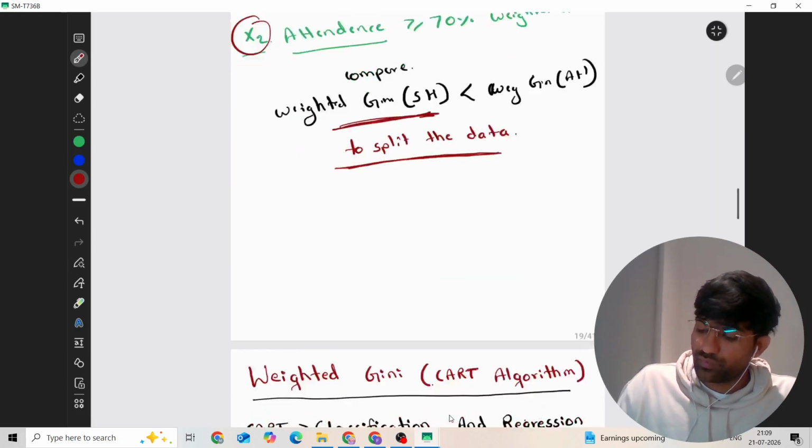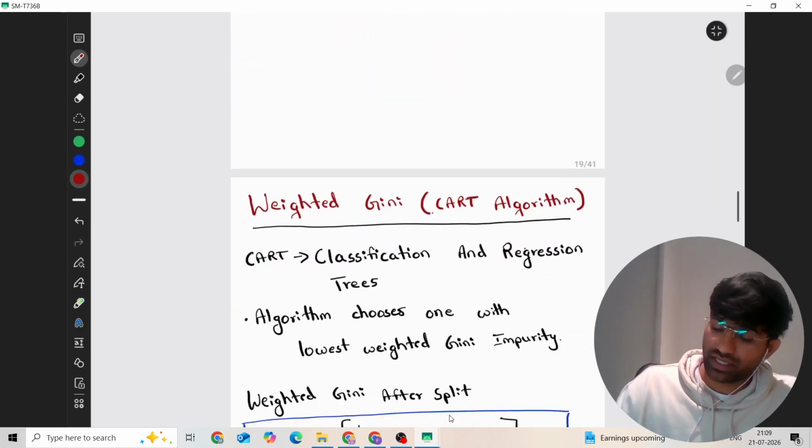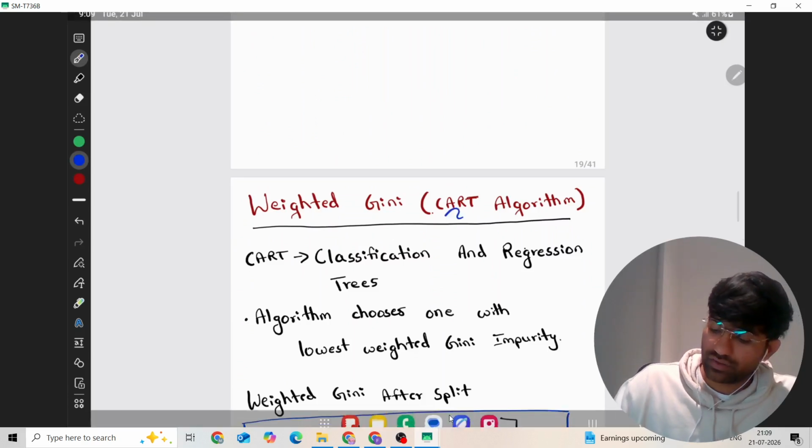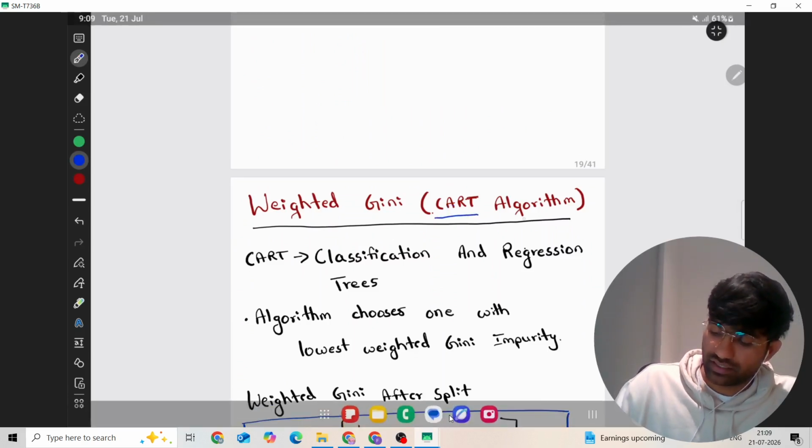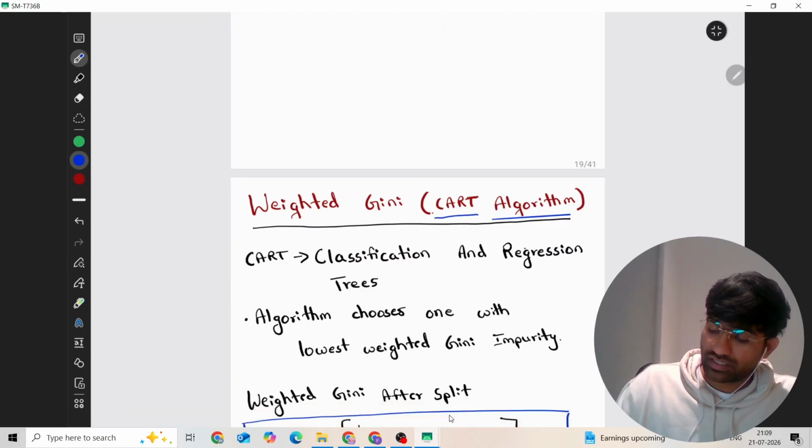So what is weighted Gini? Weighted Gini is known as CART algorithm, C-A-R-T. CART stands for classification and regression trees.